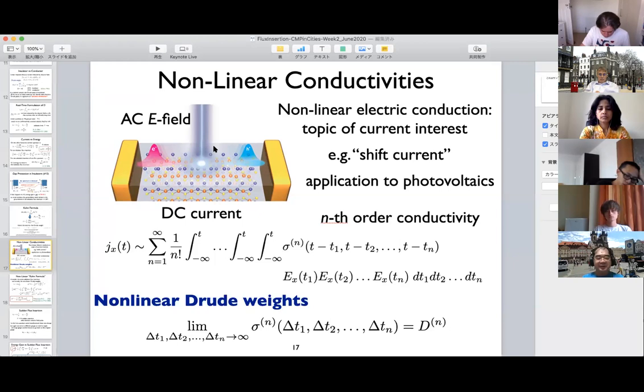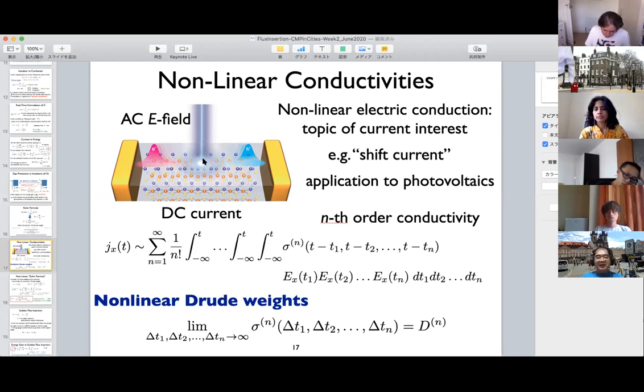For example, this is not directly related to our work, but recently the so-called shift current is discussed. Shift current means that you shine strong laser or light on the system, which is an AC electric field. But this AC electric field can shift, roughly speaking, positive charge and negative charge in opposite directions.